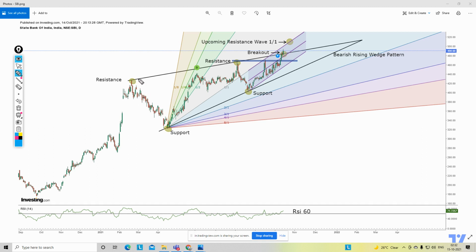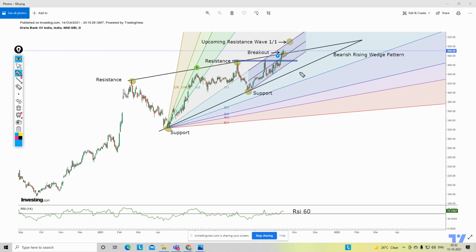In the past, this area was a resistance, and exactly within this pattern, this area became another resistance. Here, the price couldn't reach the top, but it rejected over here. And finally, today we saw the breakout. Similarly, on the lower side, you can see this as a support of this rising wedge pattern, and price again took the support over here within the same structure.